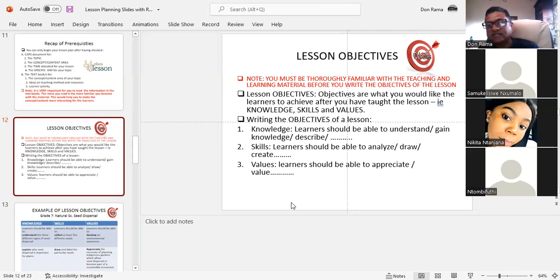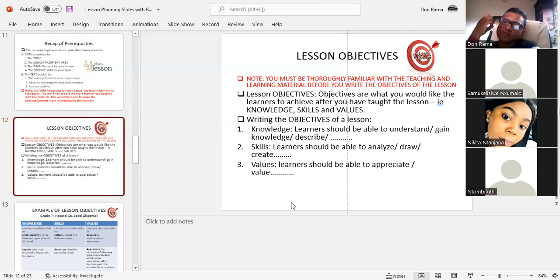They should be able to create something from the knowledge that you have given them. For example, learners should be able to create a chart of a volcano and label the various parts of the volcano. That's what we would mean by skills.